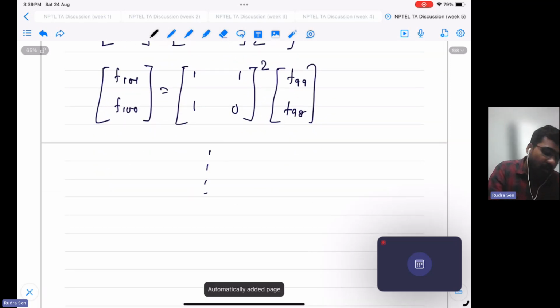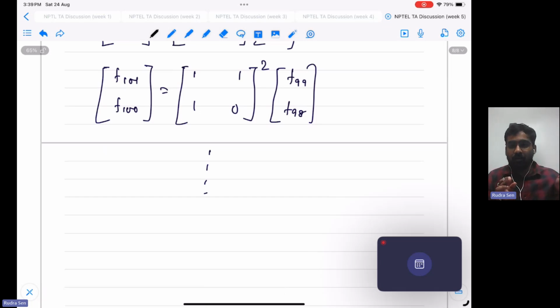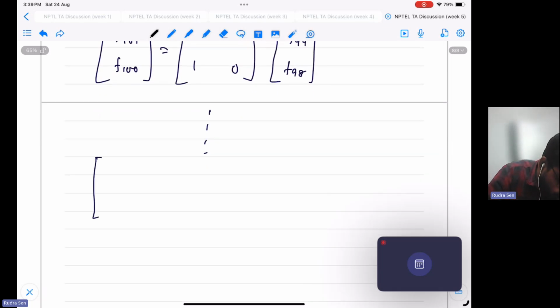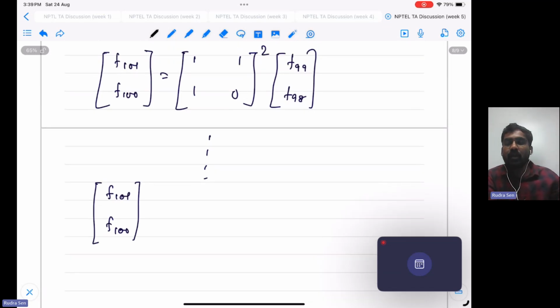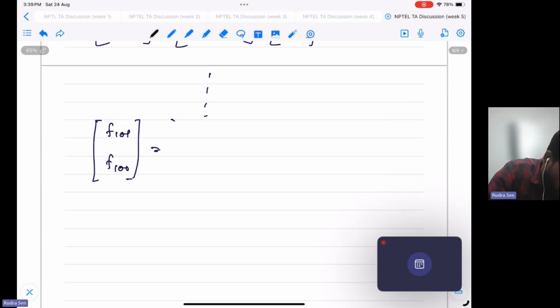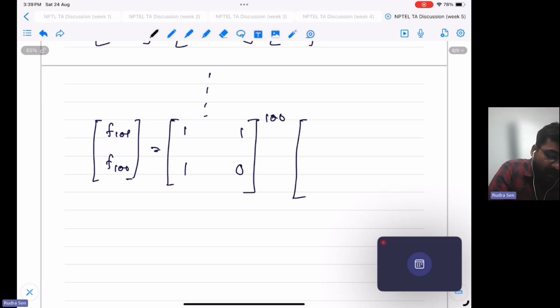Now, since we are given only two numbers, f0 and f1, we do not know f99 and f98. We only know f1 and f0. So from here, we take [1 1; 1 0] to the power 100 and multiply with f1 and f0.